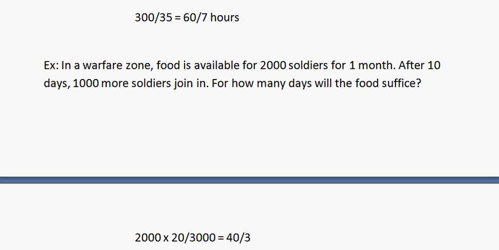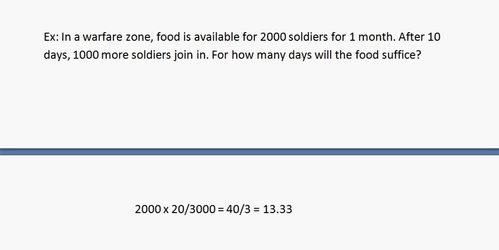Which is equal to 13.33 days. So the total days would be 10 plus 13.33, which is equal to 23.33. So the food would suffice for 23.33 days if 1000 more soldiers join in after 10 days.